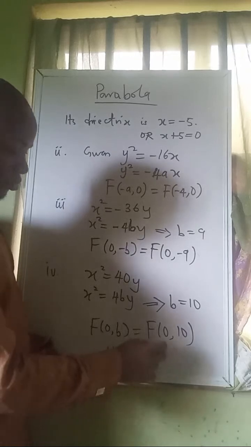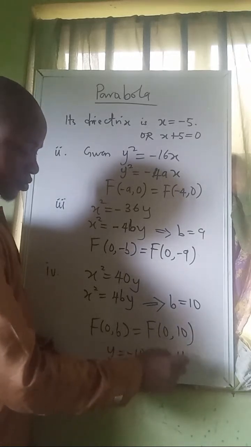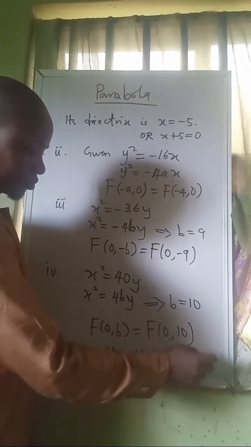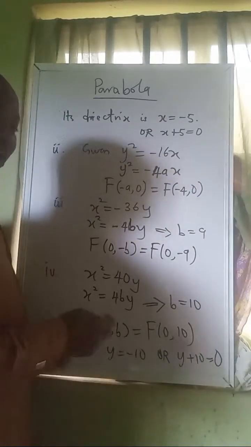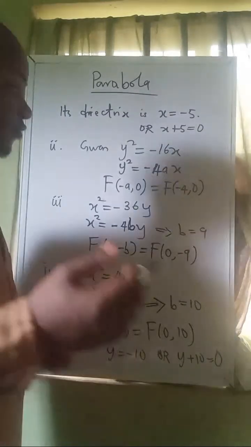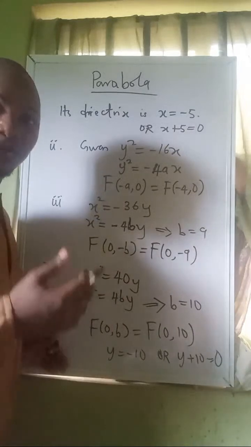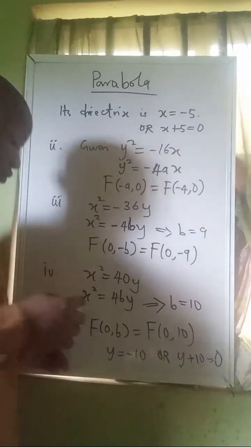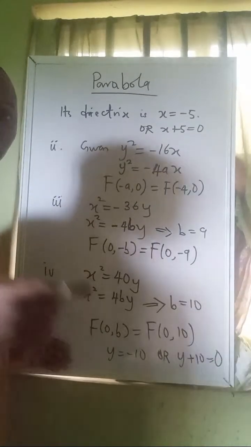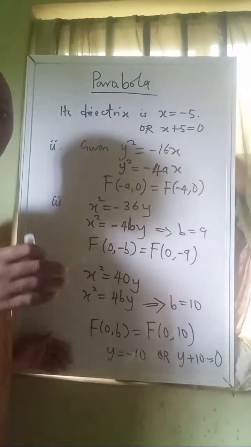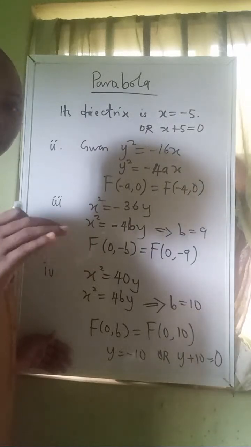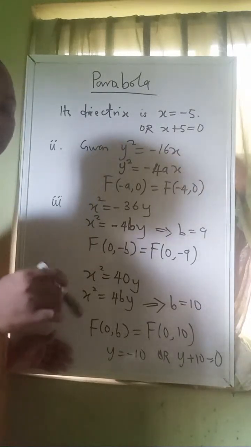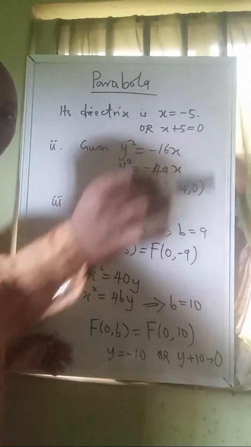or y plus 10 equals 0. So this is how we find the focus and of course the directrix of each of the parabolas given. You will see that all the parabolas we have considered are parabolas from the origin, that is, parabolas constructed from the origin.